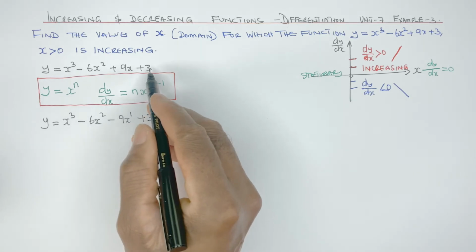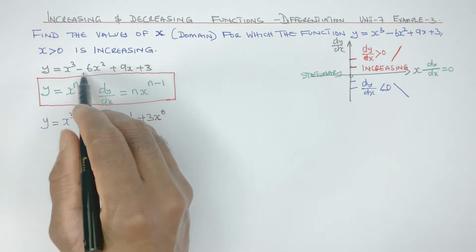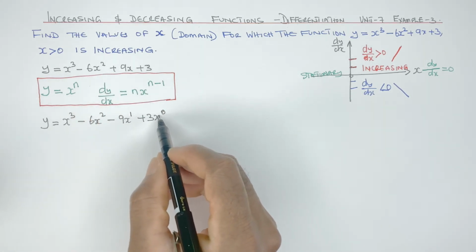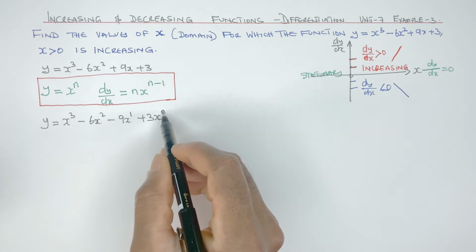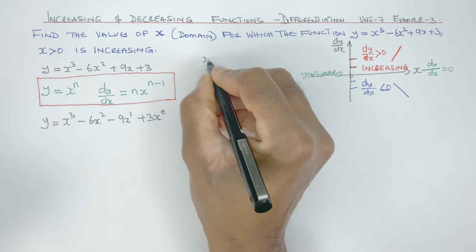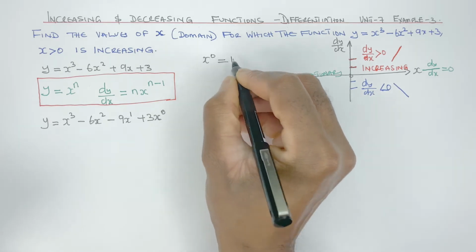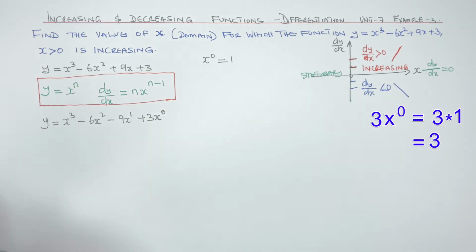If you see a constant, it has the same variable as the other terms, except that the power of the variable is 0. Now we know that anything to the power 0 equals 1 in maths. So now we can apply this rule.